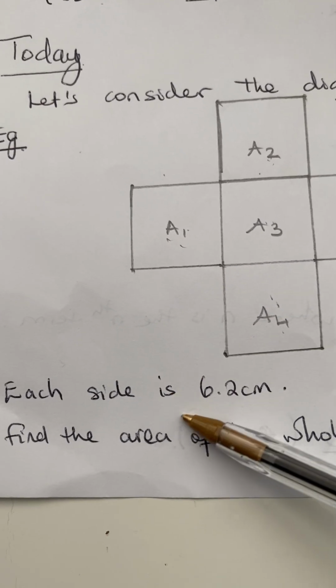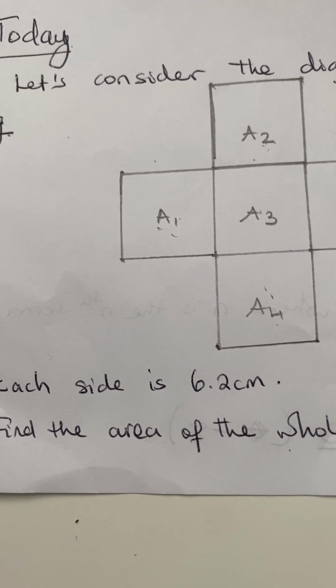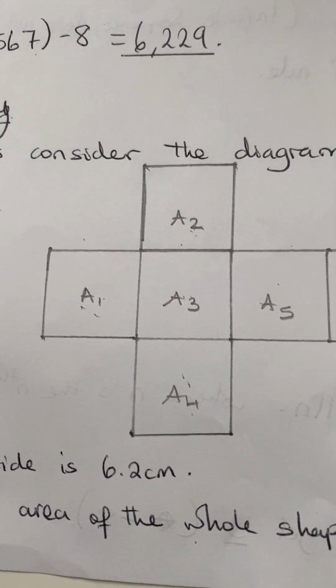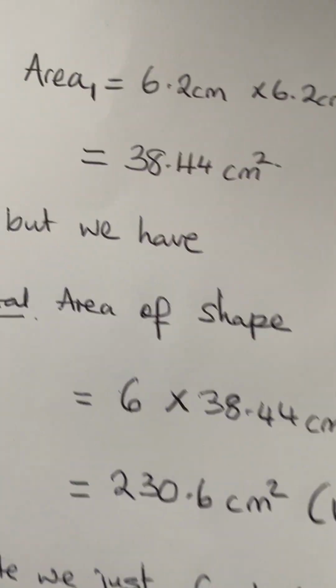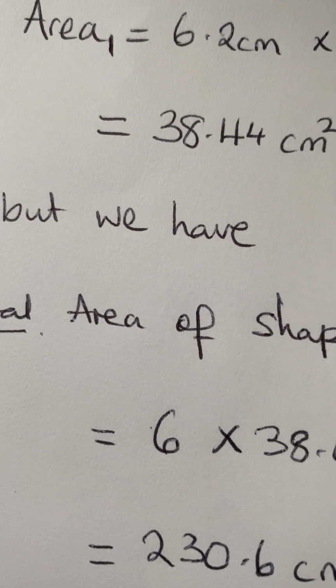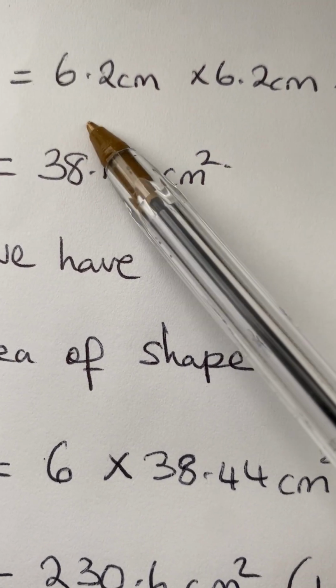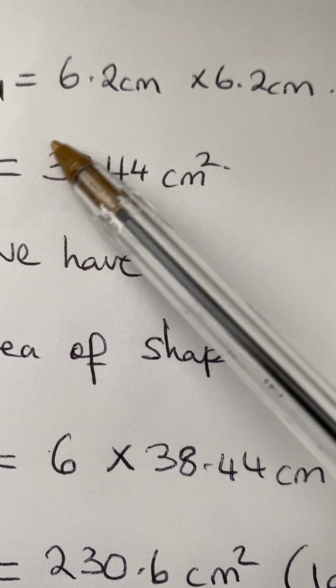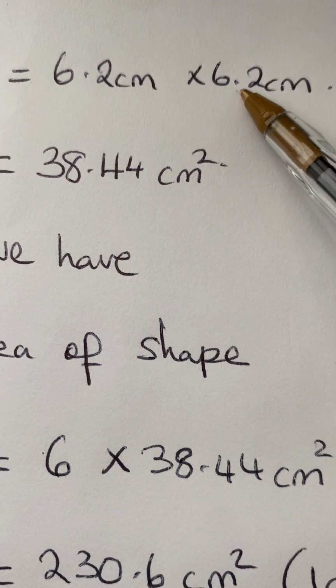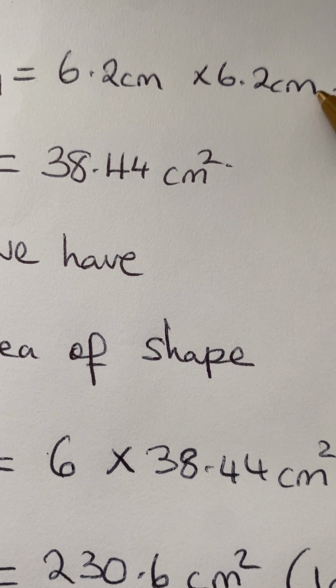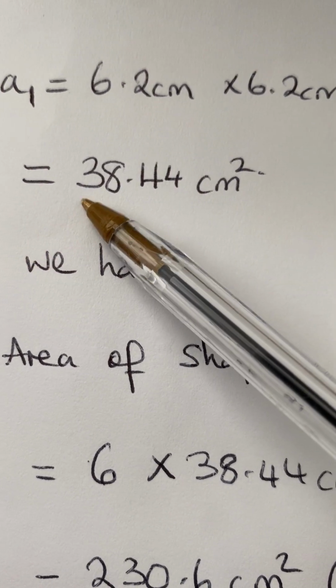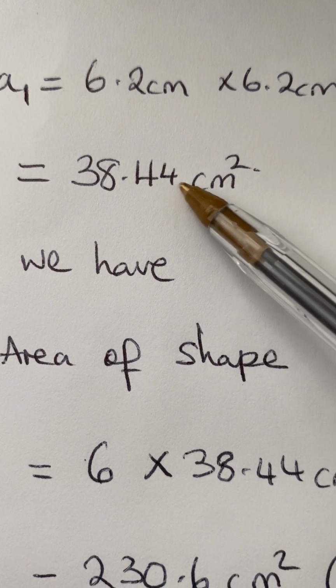So each side has 6.2 centimeters. So we'll find the area of the whole shape. So here, the area of the square is length times length. So 6.2 centimeters times 6.2 centimeters on the calculator is 38.44.